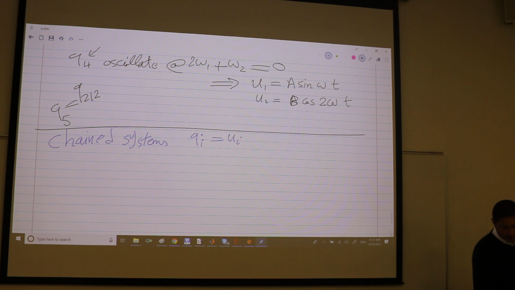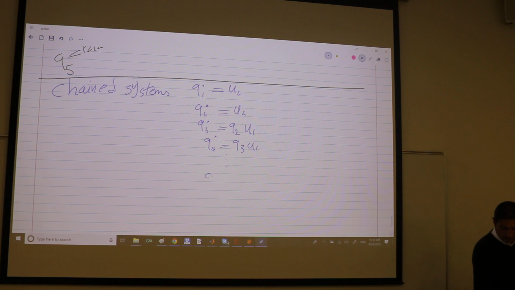Q1 dot is U1. It's very specific. Q2 dot is U2. And then anything else is governed by U1 times the previous state. So Qn dot is Qn minus 1 times U1.